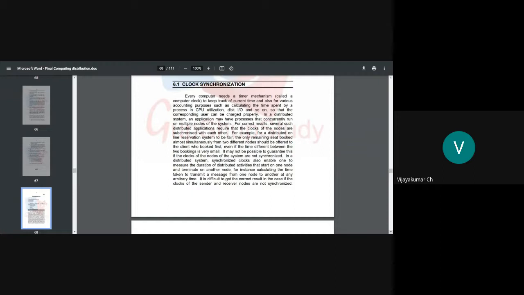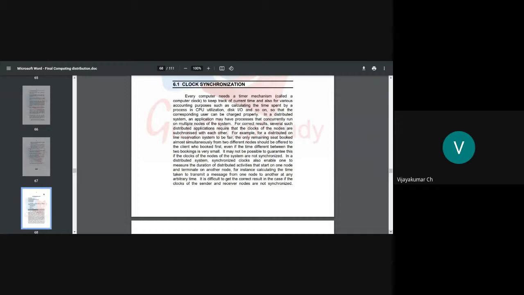For example, take a distributed online reservation system. To be fair, the only remaining seat booked almost simultaneously from two different nodes should be offered to the client who booked first, even if the time difference between the two bookings is very small.